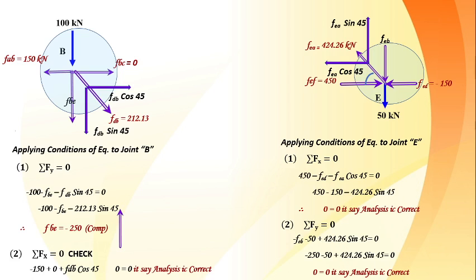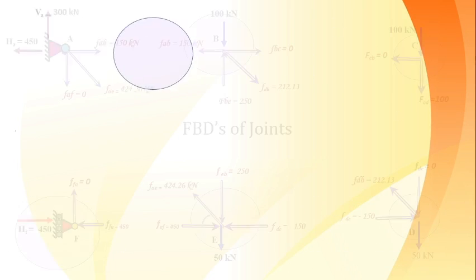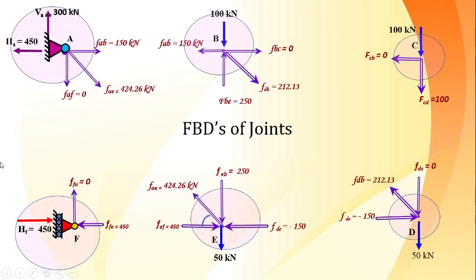After finishing with all the joints, we have to thoroughly go through each and every joint and see whether any unknown remains. So let us go through all these joints. On your screen, whatever is written in red color were the earlier unknowns.